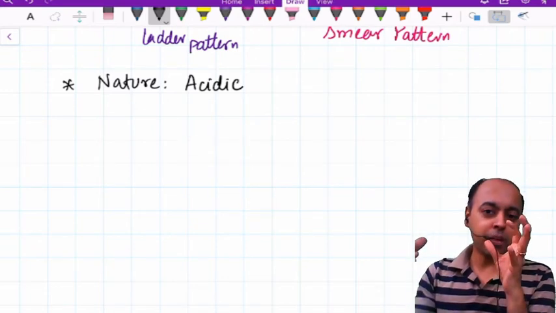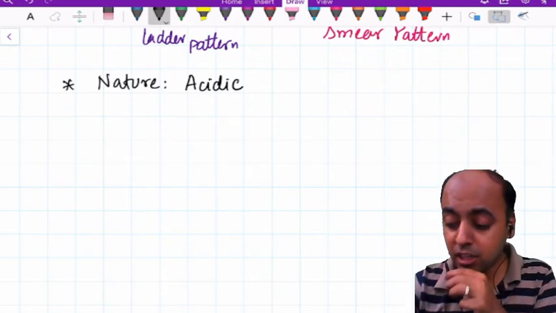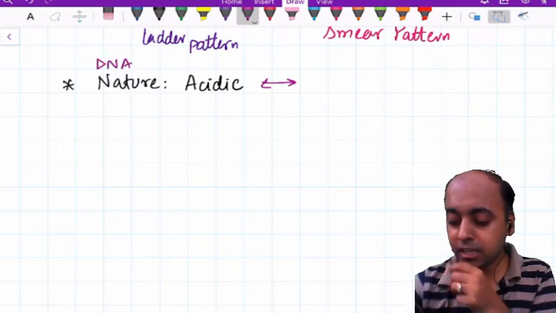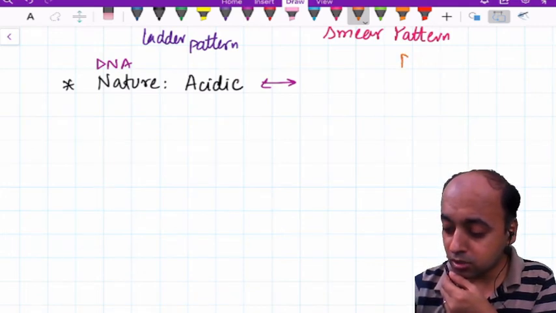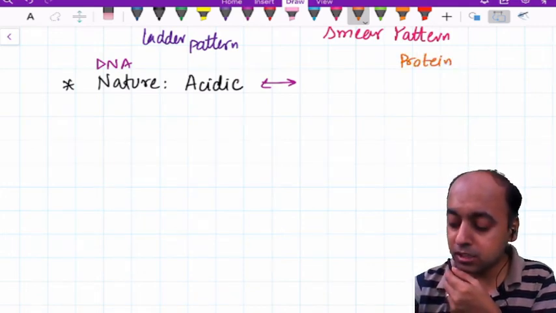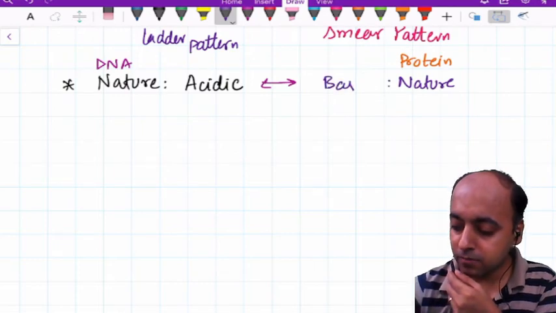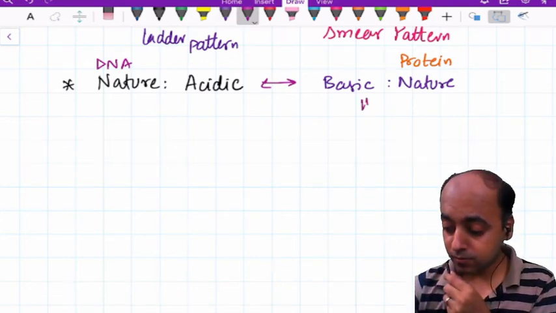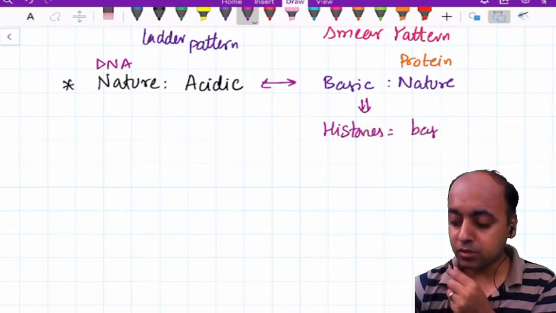And if it is going to make very close attachments with any protein, it must have the opposite nature. So DNA in nature is acidic, therefore the protein with which it attaches must be basic, and that is why we find that the histones are basic proteins.